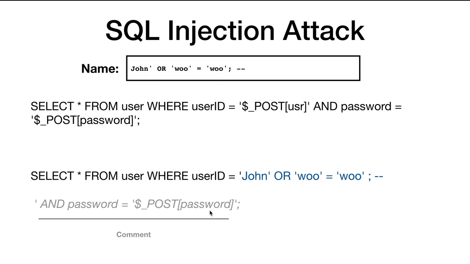So this data here is allegedly just the name, but it chops off this piece of the code here. So the 'and password is correct' is gone. And blah blah blah equals blah blah blah is always going to be true. So 'or true' is going to be true, and so that's going to give us the information from there.